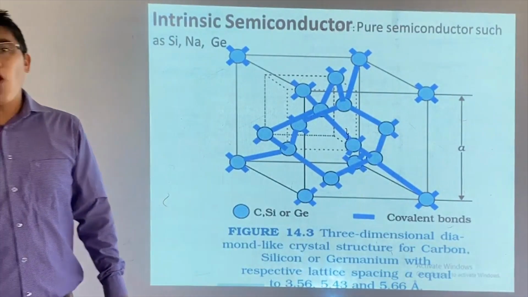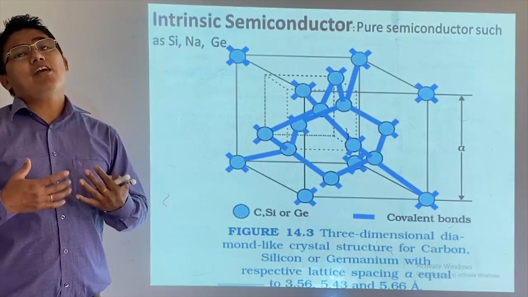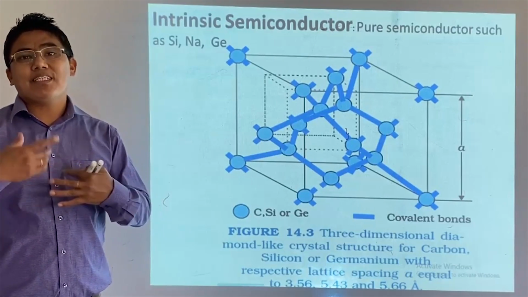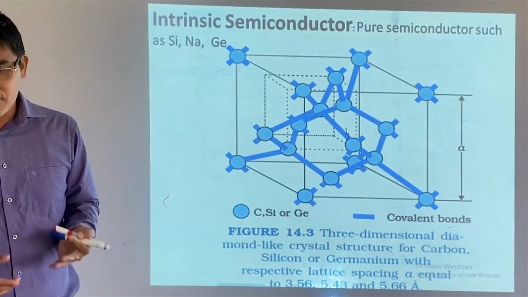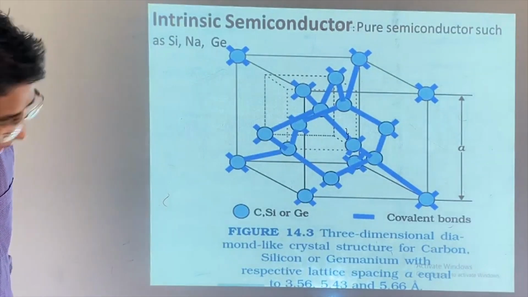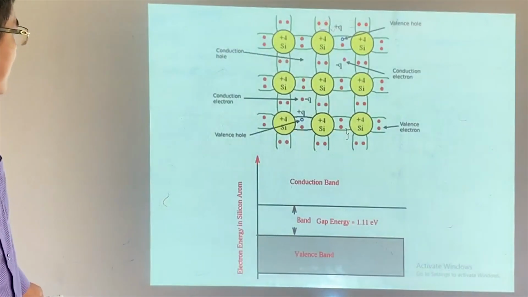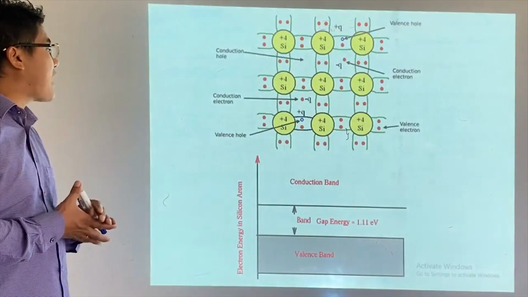So every electron of a silicon atom is intact with its neighboring silicon atom. At 0 Kelvin, the conductivity is almost 0. And this is a two-dimensional diagram.